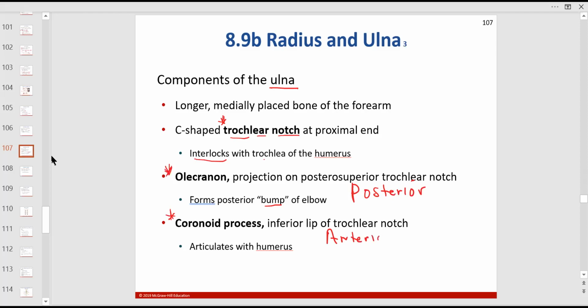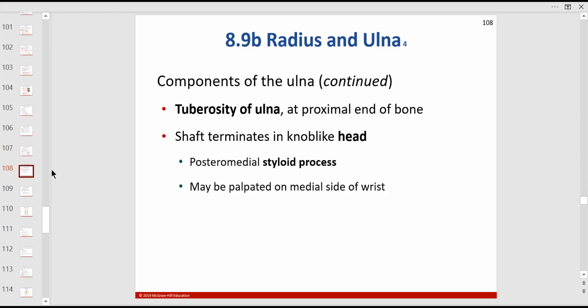Remember the fossa that's on the humerus, the coronoid fossa, anterior on the humerus. And it also has a head and a styloid process down towards the wrist. So this is medial though, medial. So the opposite side of the radius.